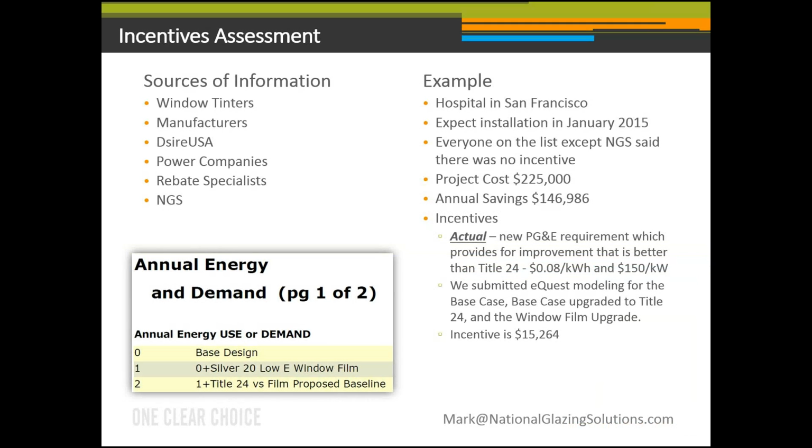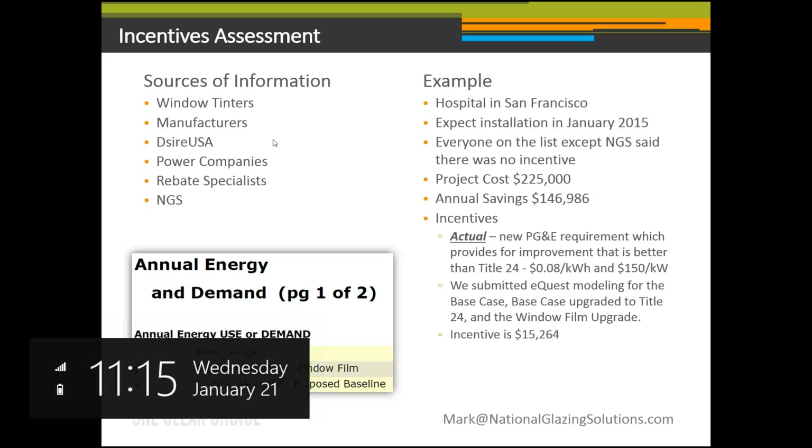Ask yourself, what would you do to find out whether there is a rebate or an incentive available for window film? Maybe you could Google Oakland window tinter and ask the gal that picks up the phone, are there incentives in Oakland? Maybe you or they could ask their window film manufacturer. You can also go to DSIRE USA and comb through the results for windows or contact the power company directly.